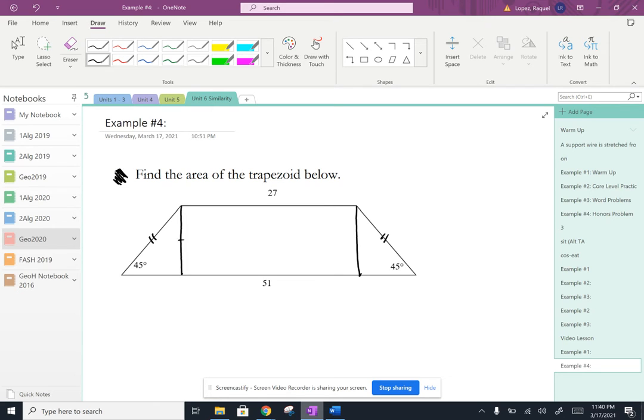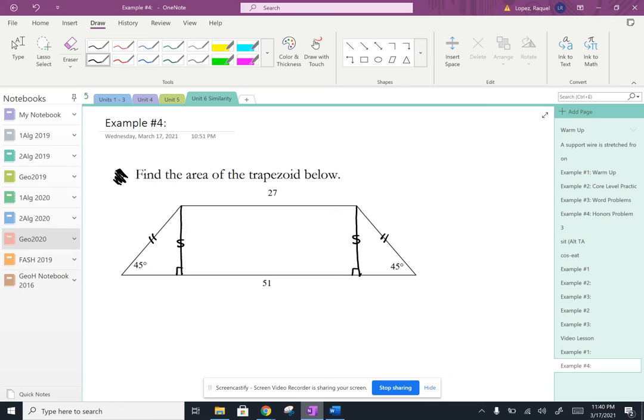Now the height is going to be the same on the trapezoid wherever I draw it. So that means that the two triangles on the end here are congruent to each other by right hypotenuse leg, so by RHL.